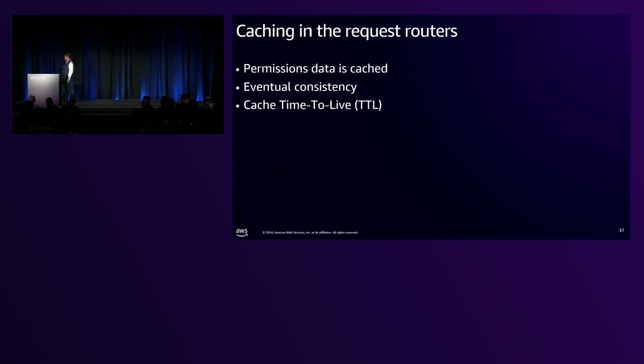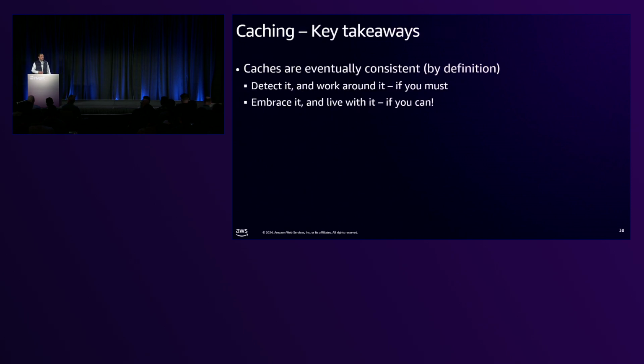So at the beginning of the presentation, I said I'll tell you how we built it, but there are also takeaways for you for the applications which you build. Wherever you can, try to keep your caches eventually consistent, and where possible, embrace it and use it to your advantage. If it's not possible, then build synchronous caching.